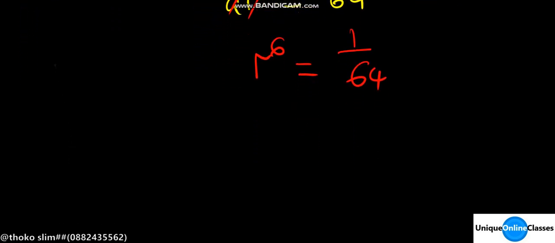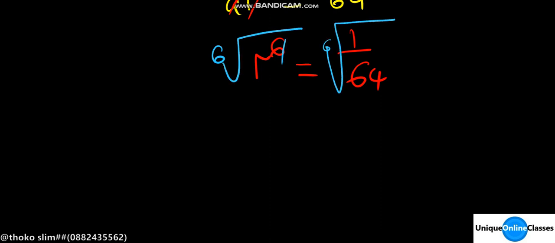To find R, we take the 6th root of both sides, so R is equal to the 6th root of 1, which is 1, over the 6th root of 64, which is 2.